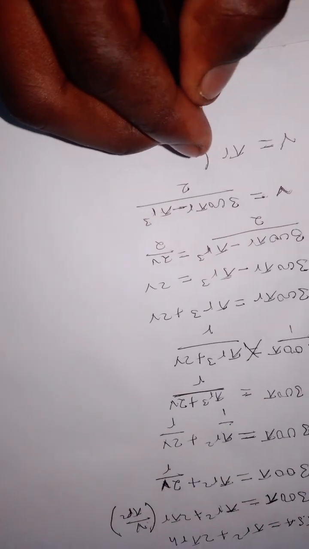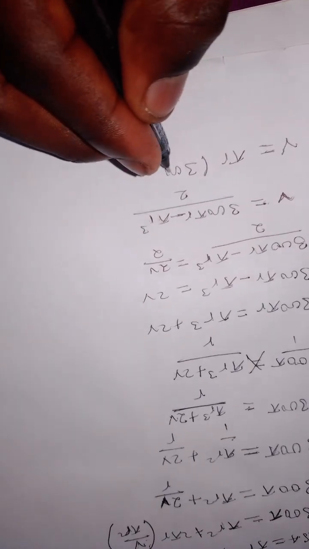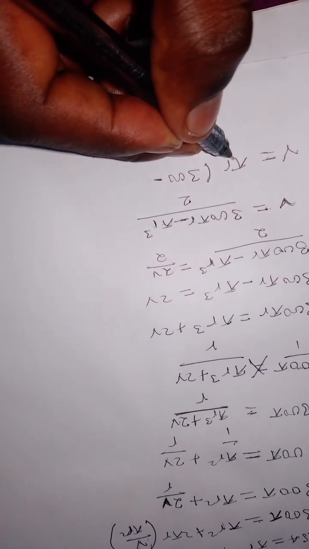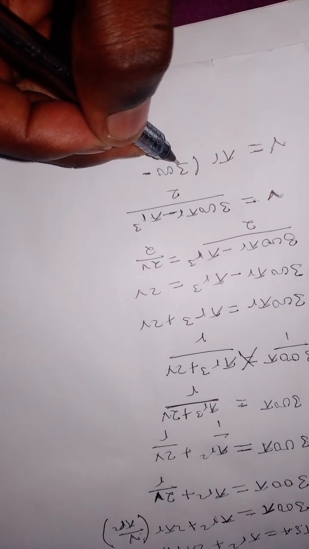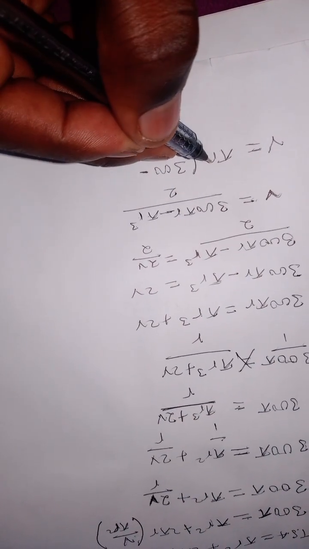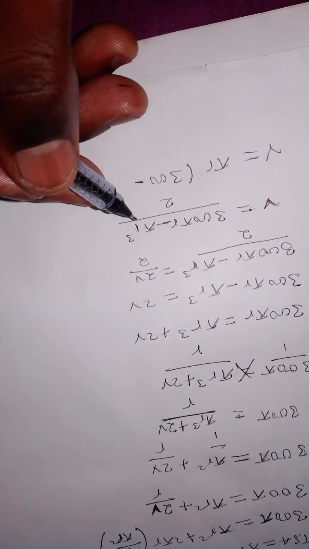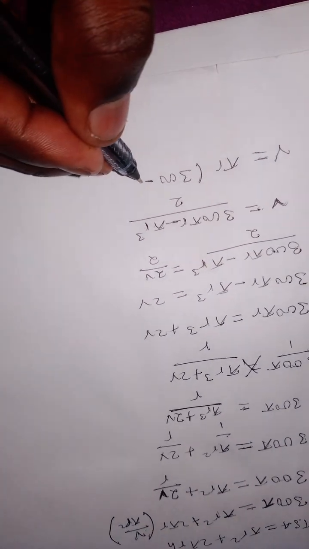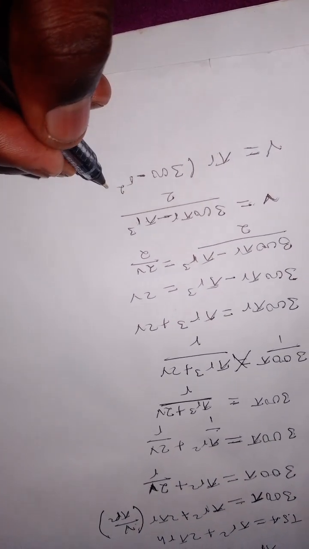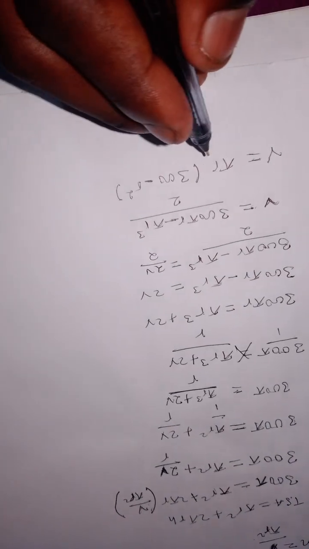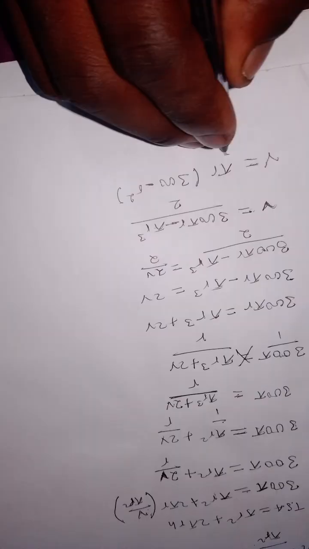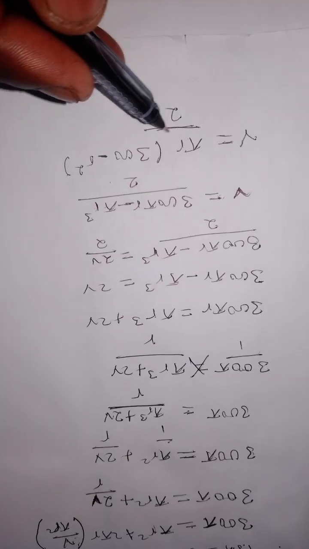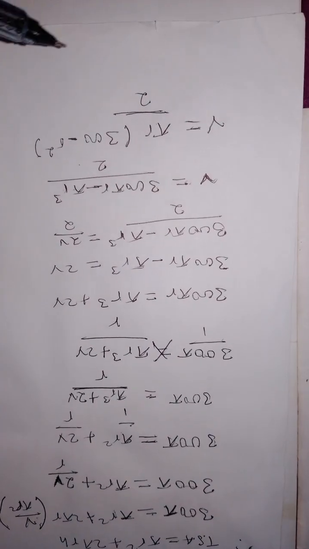So pi r will remain with 300 minus, because pi r cancels; pi r to the power 3, just pi cancels, and we remain with r squared. And then we have 2 there, so it is over 2 everywhere.